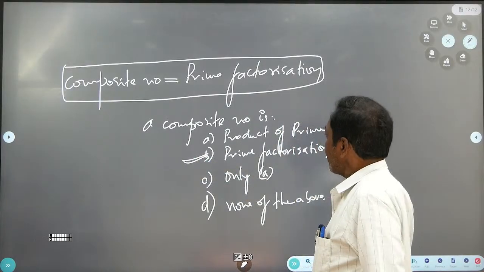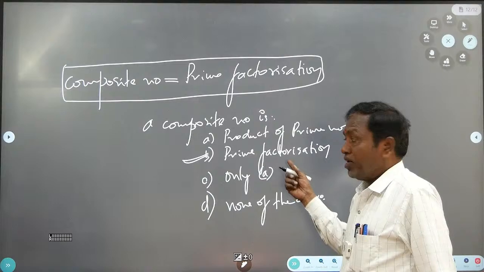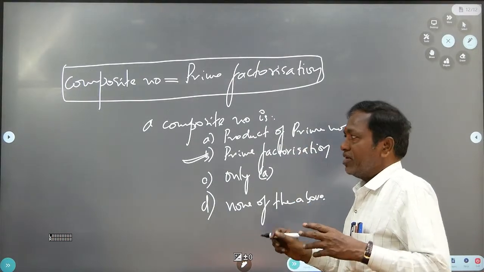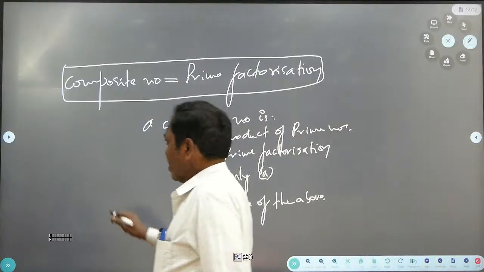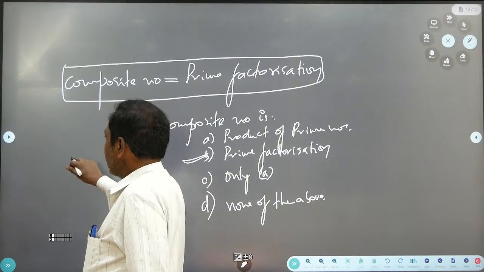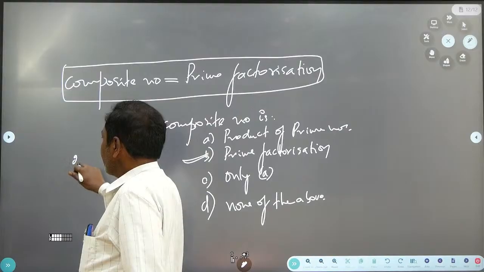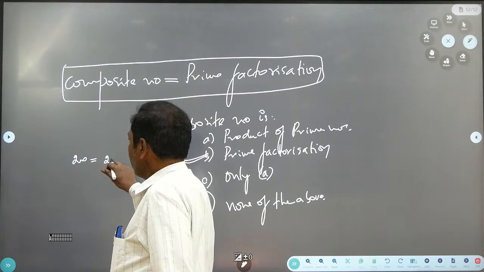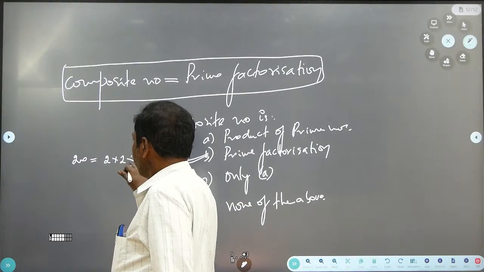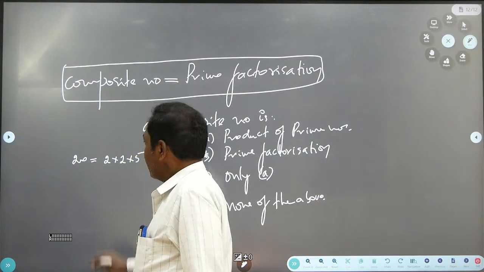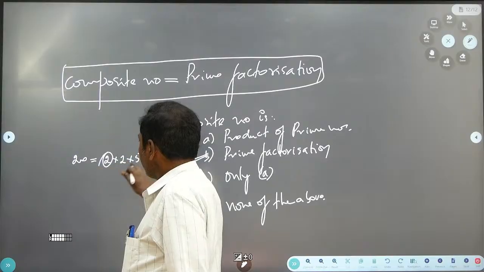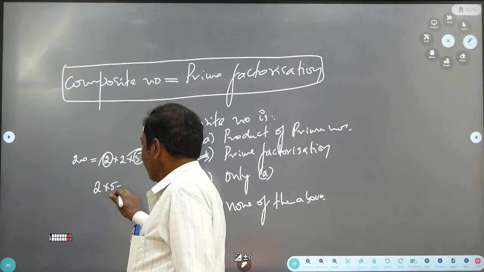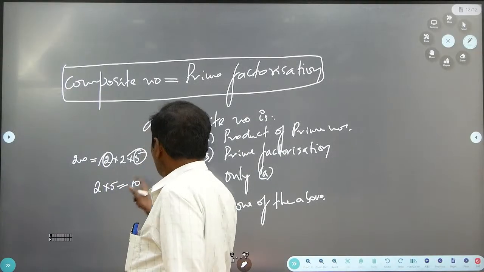If you say product of prime numbers, it is again a product, but product of prime numbers means we take, for example, 20. 20 is the product of 2 into 2 into 5. Product of prime numbers would mean only 2 into 5, which is 10, not 20.